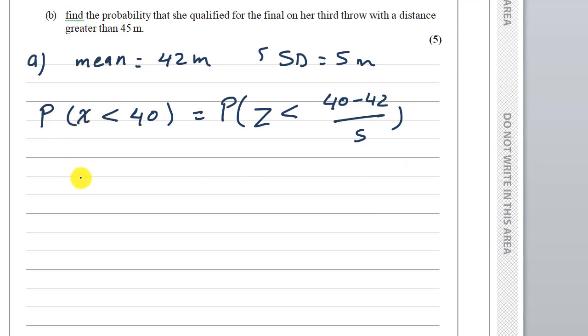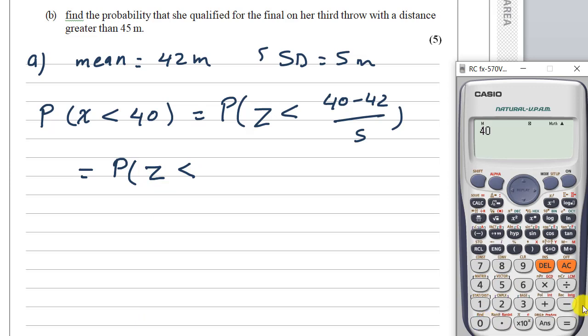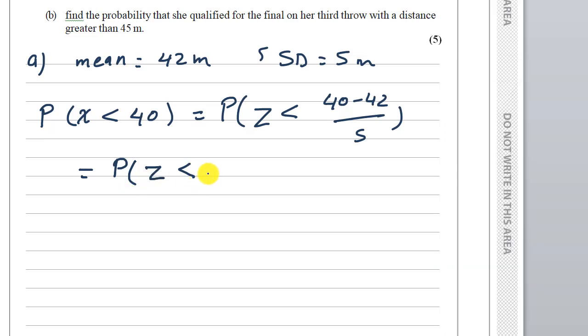So it is equal to the probability of z less than, let us find this value, 40 minus 42 divided by 5, so z less than minus 0.4.